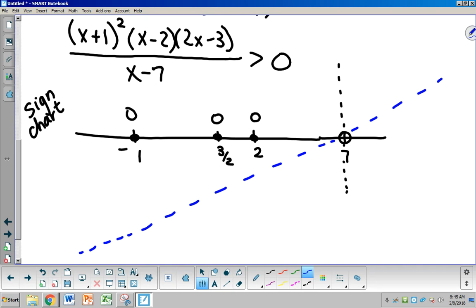At -1. So it's going to open up, bounce at -1, pass through at 3 halves, pass through again at 2, and then it's positive forever. Now I'm just making it positive forever so I can see it over on this side.